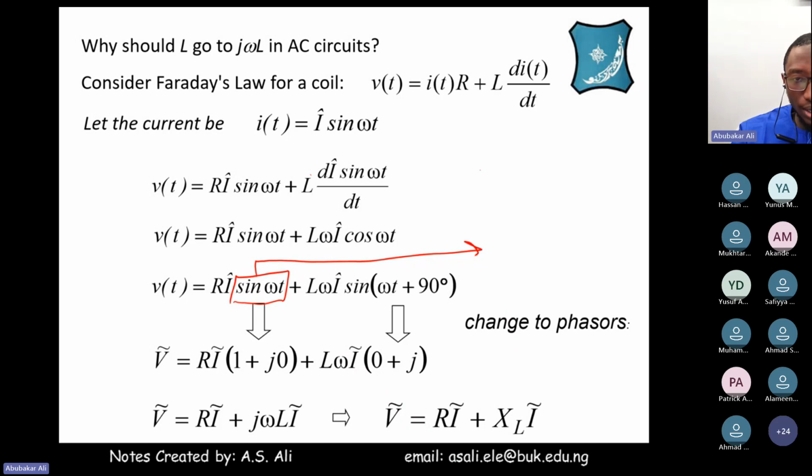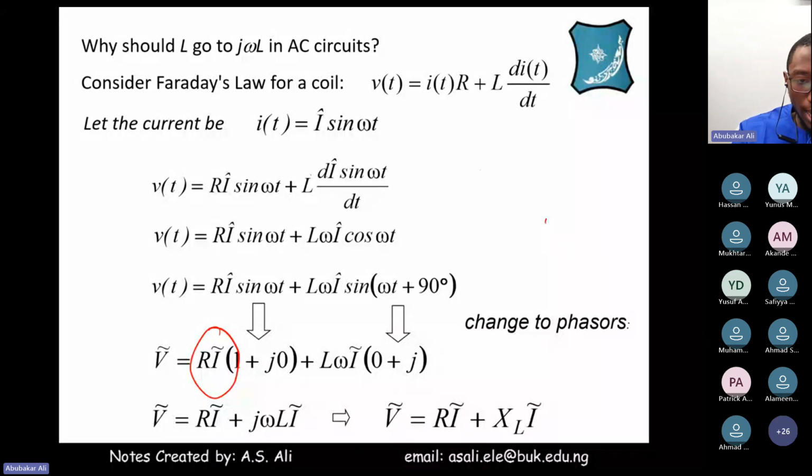Cos omega t, if you go back to complex form, this is the complex part. It's just j. Sine omega t is just 1, for example. So here you are left with Ri, okay? This is 0, so no problem. For us, what? J omega Li, okay? So we are left with this.